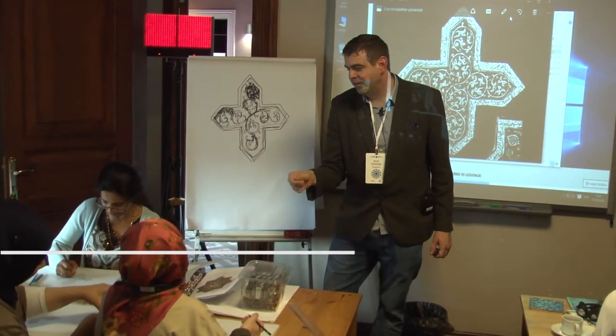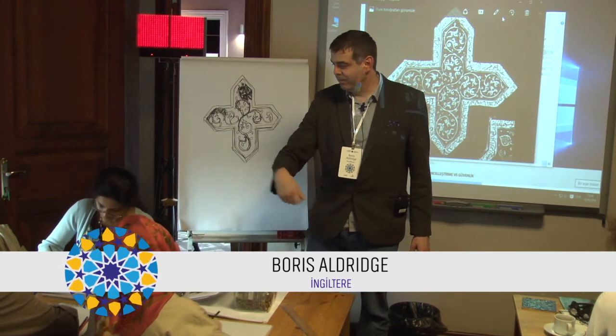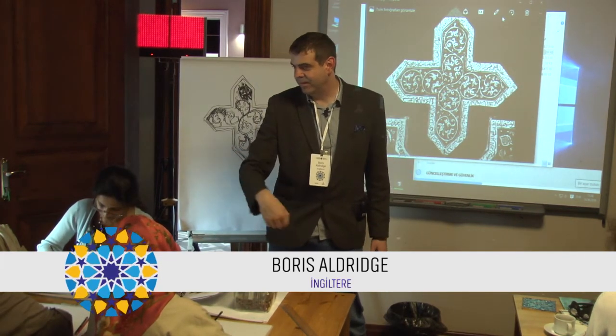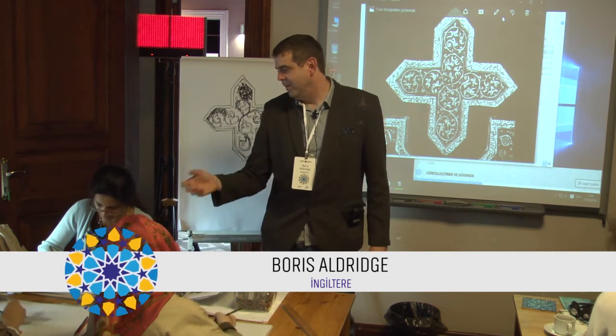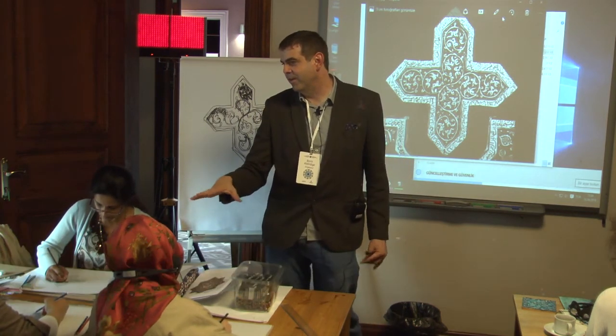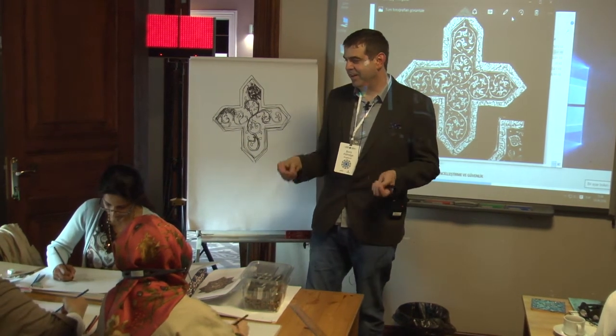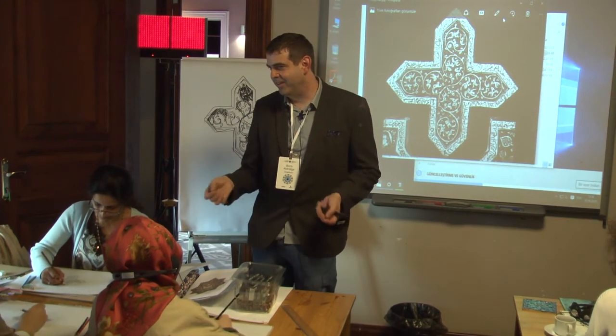So rather than starting off with the detail, you start off with the big brush marks or pencil marks, the flowing, to get that flow and make it more natural and spontaneous. And then once you've got the main composition, then you can start focusing on the detail.